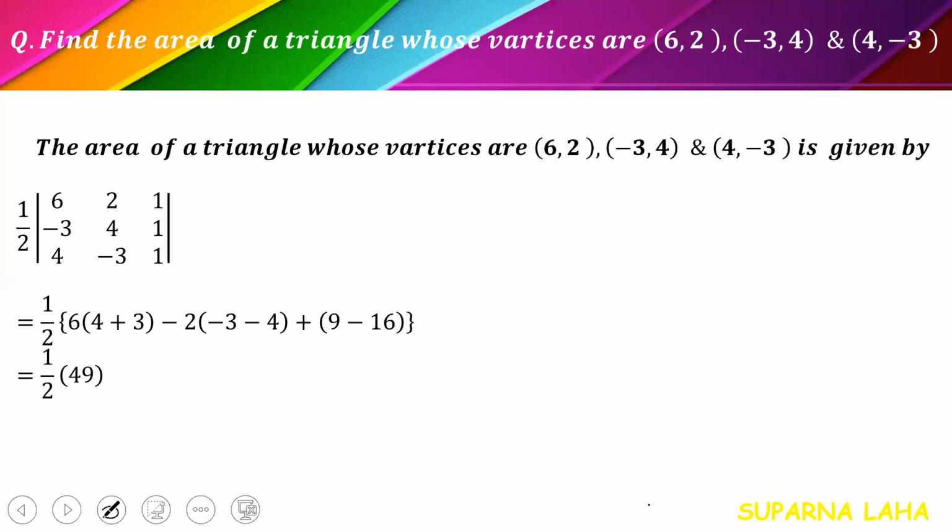So simplify this portion, you will find this value is 49, and 49 by 2 is 24.5 square units. So the area of this triangle whose vertices are 6, 2, minus 3, 4 and 4, minus 3 is 24.5 square units. So this is your answer.